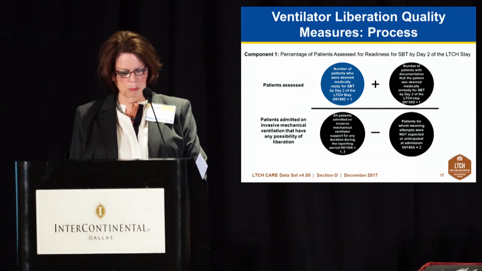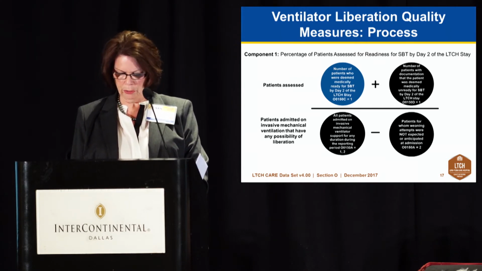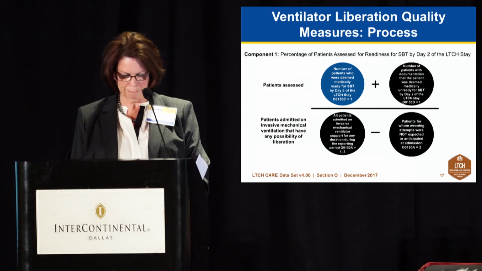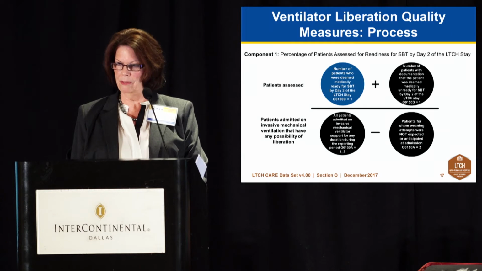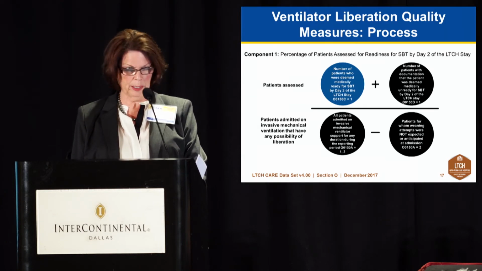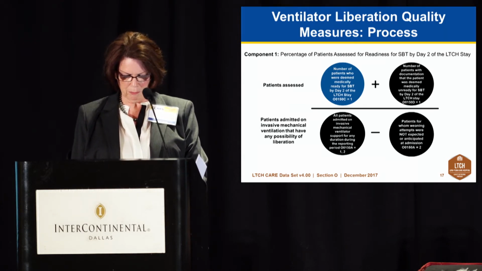If a patient has more than one LTCH stay during the reporting period, each discharge will be reported and included in the measure calculation. Denominator exclusions include patients with missing data, and an invasively mechanically ventilated patient identified as non-weaning at the time of admission to an LTCH.